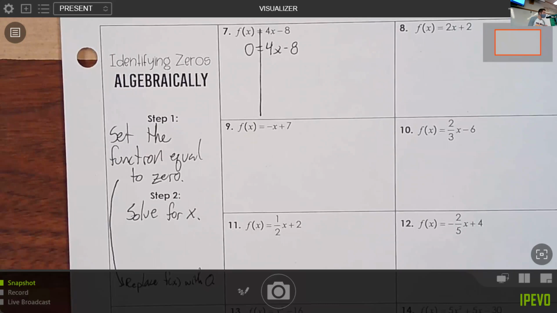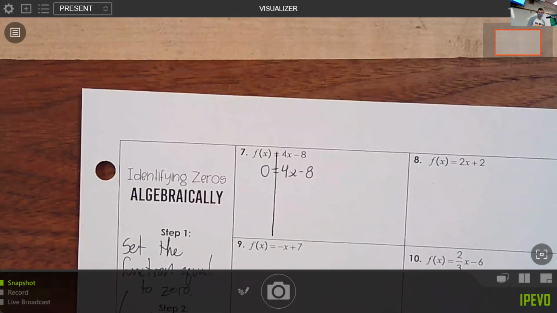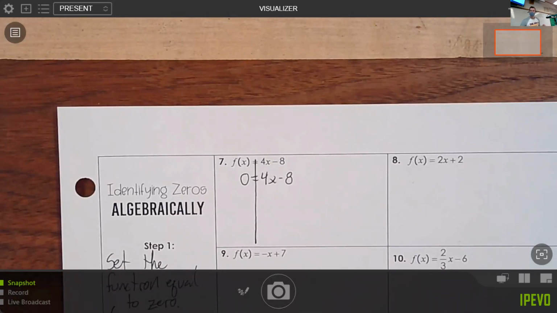Ash, what's up? A shape for every number? Yeah.